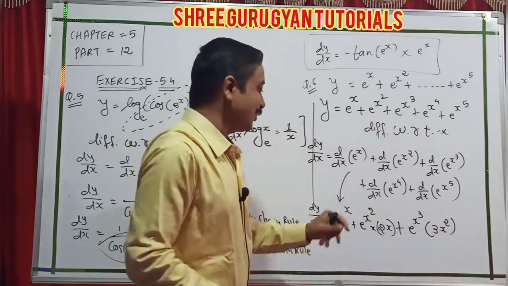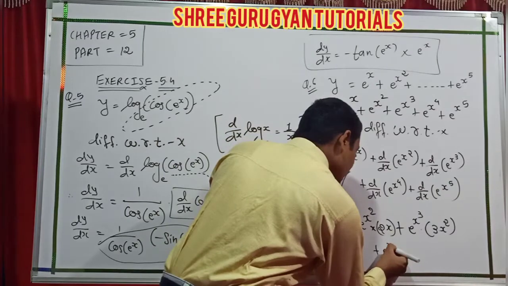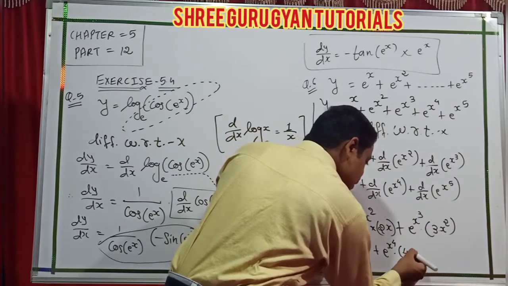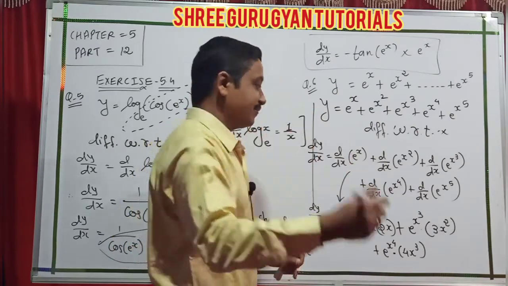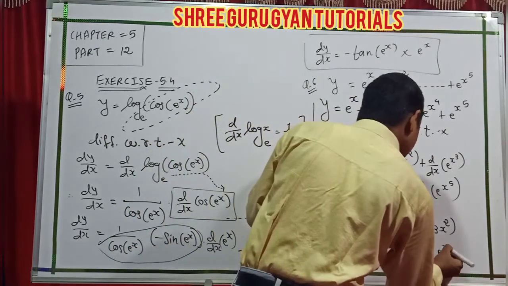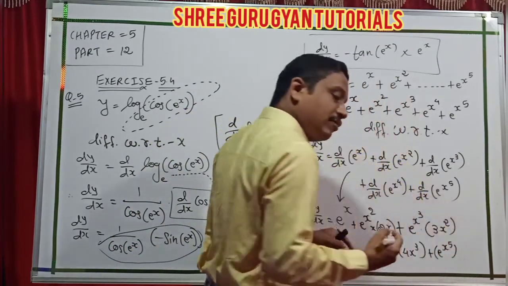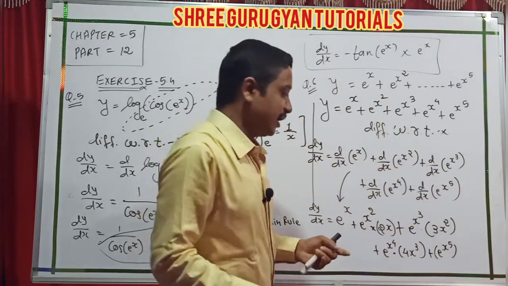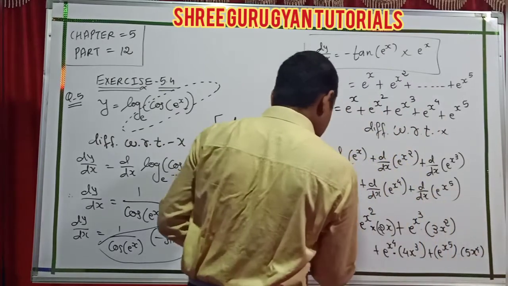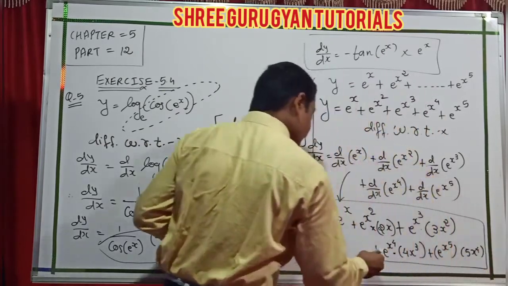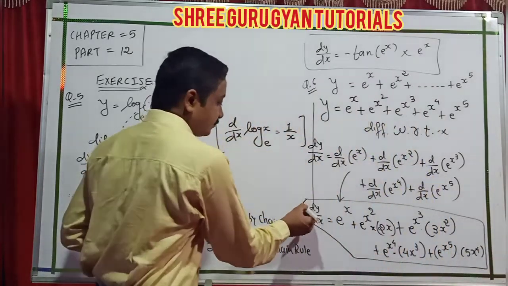And one more, plus e raised to x raised to 4 derivative same, but here 4x raised to 3. And last one, e raised to x raised to 5, same derivative, and the internal x raised to 5 derivative is 5x raised to 4. Students, this answer you have done.